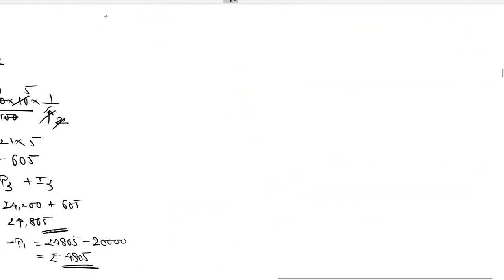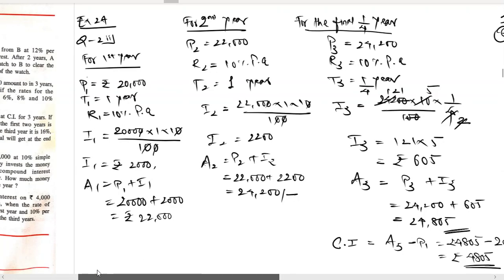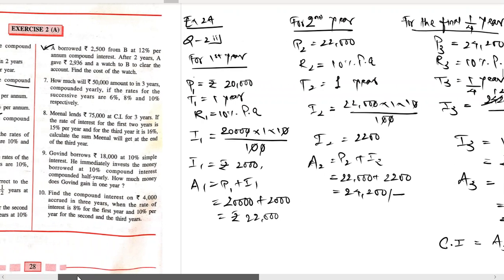So question number 6, 2A, question number 6. Okay, for first year, P1 is equal to rupees 2,500. R1 is equal to 12% per annum.